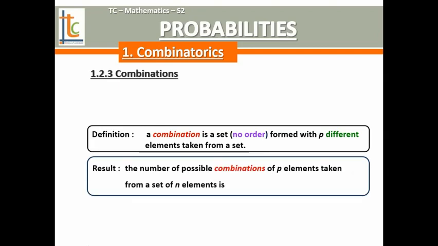The number of possible combinations of p elements taken from a set of n elements is, this time with the letter C for combination, C n p, which is still the factorial of n on top and the factorial of n minus p at the bottom, but multiplied by the factorial of p. This is, in fact, the factorial of p that is the difference between both formulas.